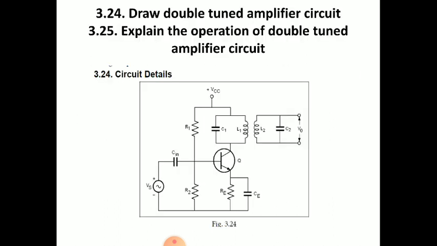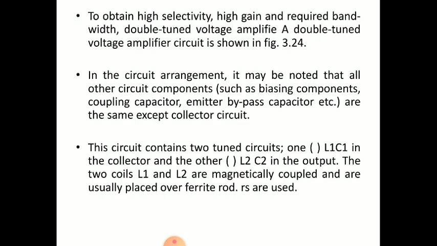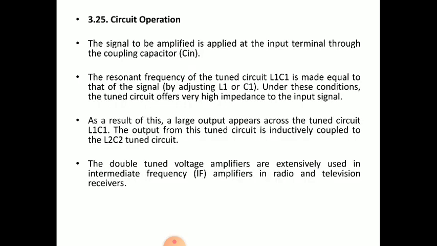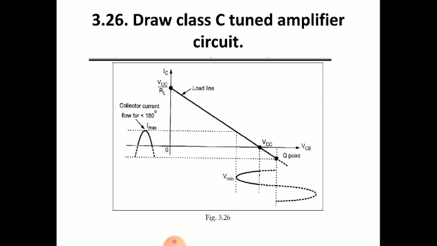Why are we going for the double tune? Because of high selectivity, high gain, and required bandwidth. We have seen the circuit operation of this double tuning, and it is used in intermediate frequency amplifiers in radio and television.